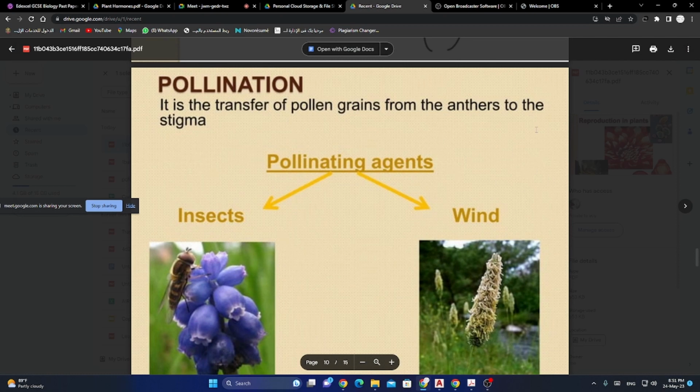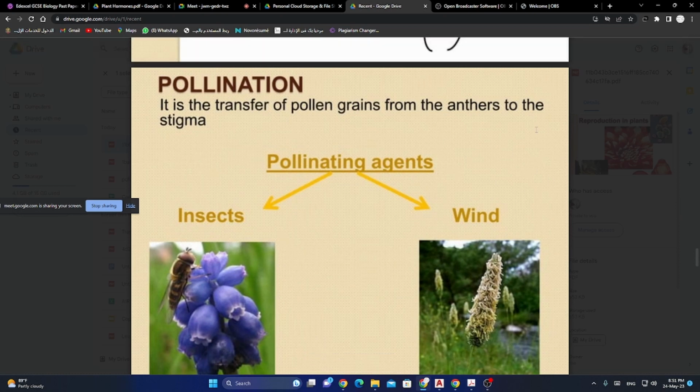Then here they're just talking about two types of pollinating agents. You know how flowers can both self-pollinate and cross-pollinate, right? In the case of cross-pollination, the flower needs some way in order to let that pollen travel from one flower to another, right?